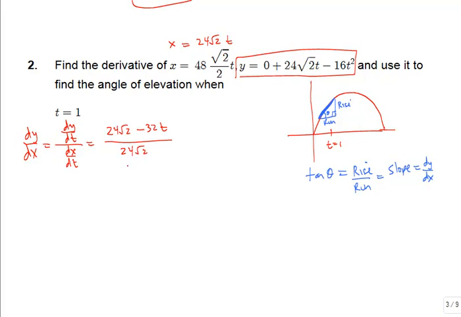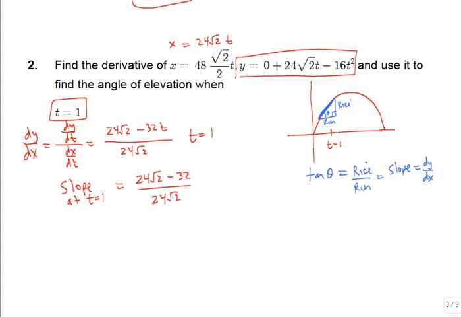Now, when do we want this derivative at? What point in time? We want this derivative at t equals 1. So now let's plug in 1 for t. So our slope at t equals 1 is going to equal 24 root 2 minus 32 times 1, which is just 32, over 24 root 2.